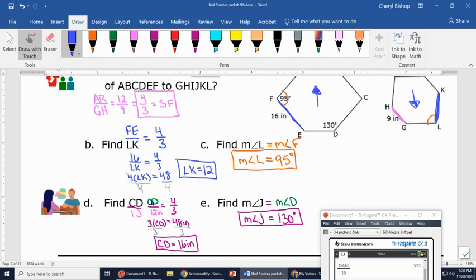Then we cross multiply. 3 times CD, 4 times 12 is 48. We divide both sides by 3 and we get CD equals 16. These are not congruent. They won't have the same size.